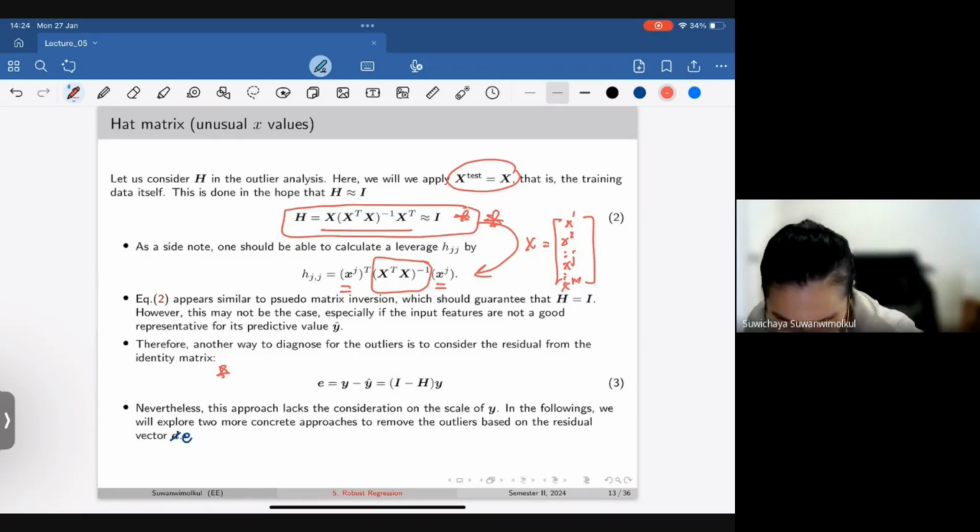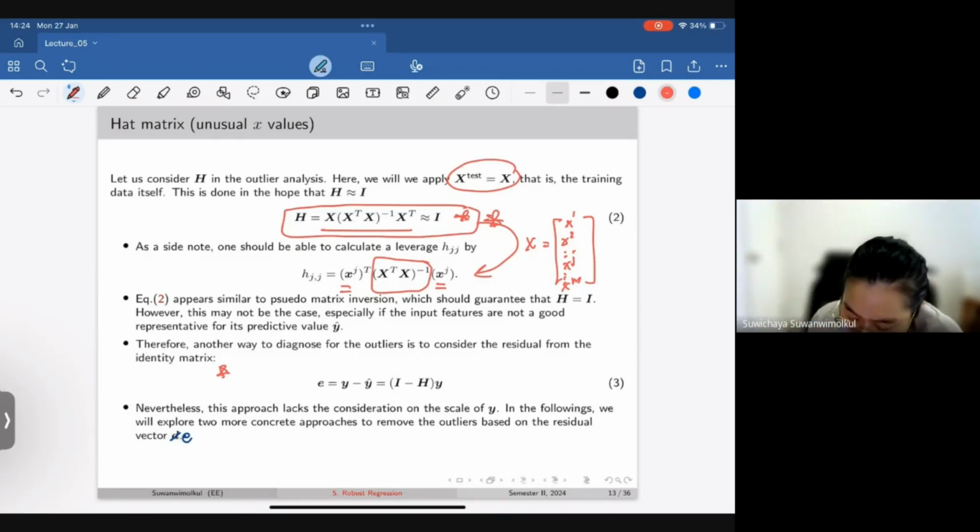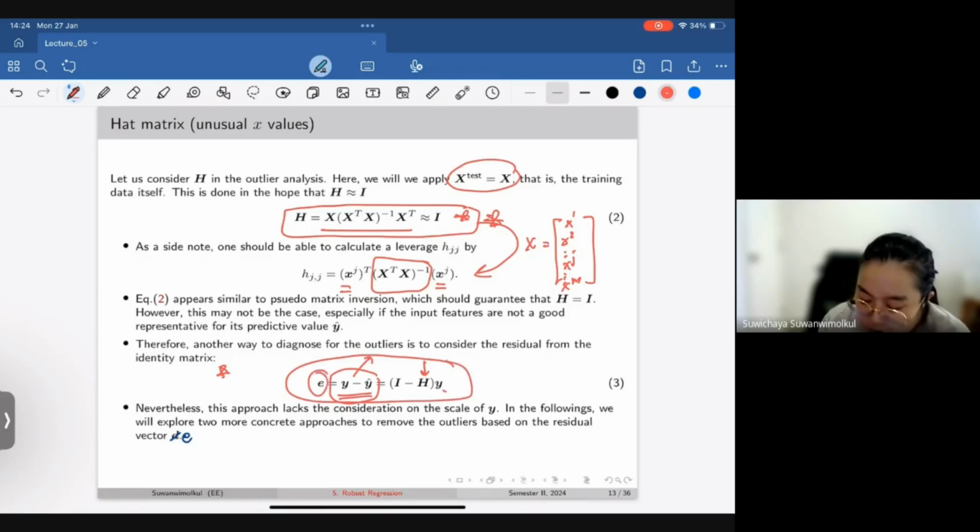Another situation is that after you have the H matrix, as I mentioned before, you can compare the result of multiplying H with Y, and see the deviation of that from the measurements Y. We can also try to identify the errors from the residual between the measurements and the Y hat.